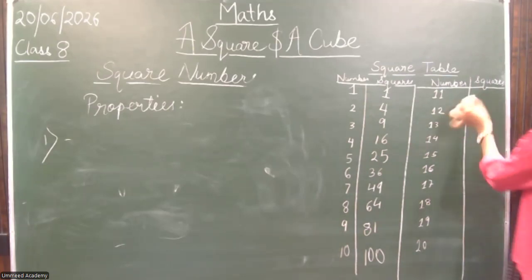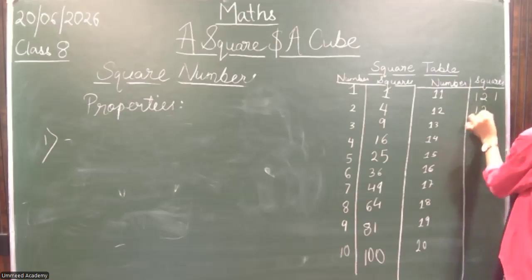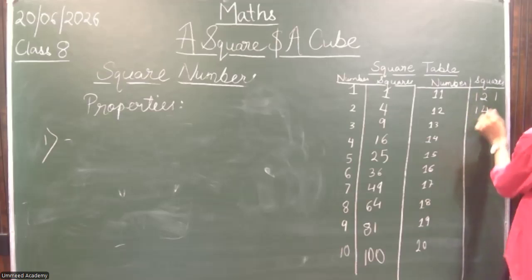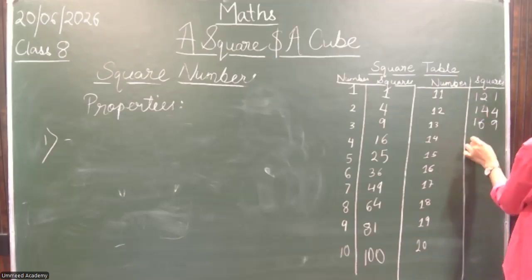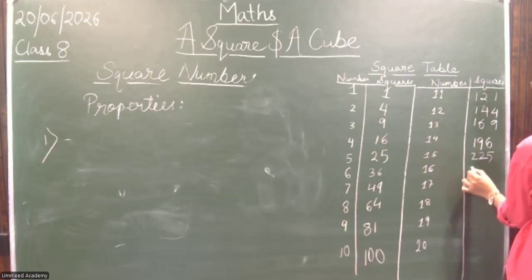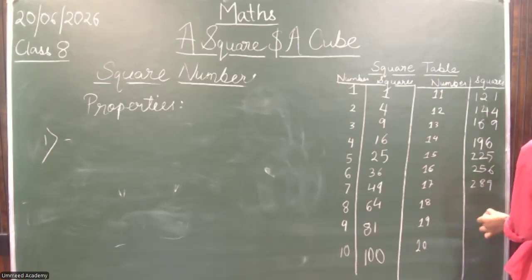And now the square of 11 is 121, 12 is 144, very good. And 169, good. 196, 225, good. 256, good. 17, ma'am, 289, good.